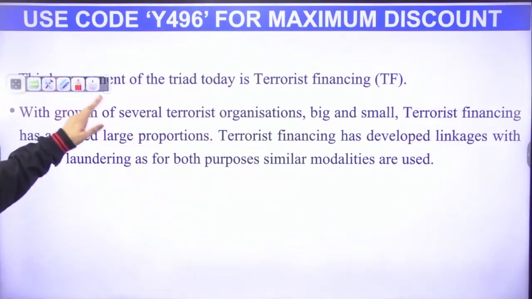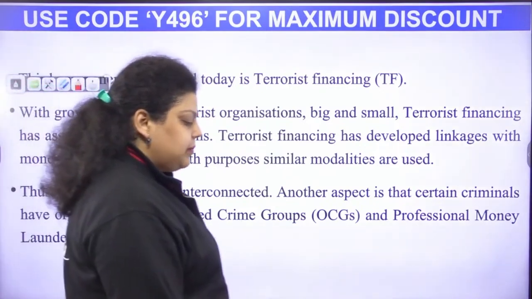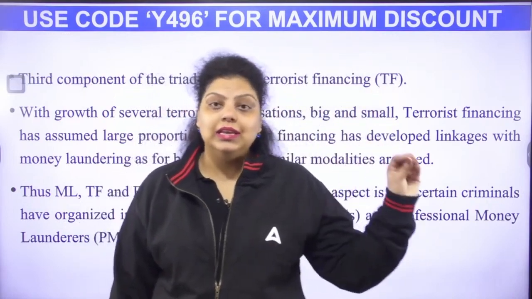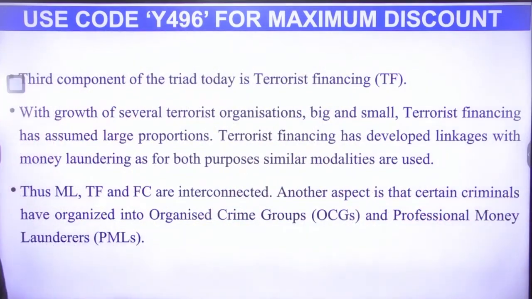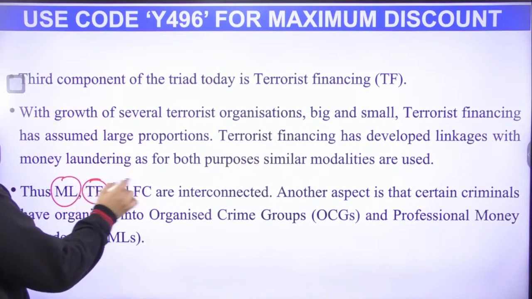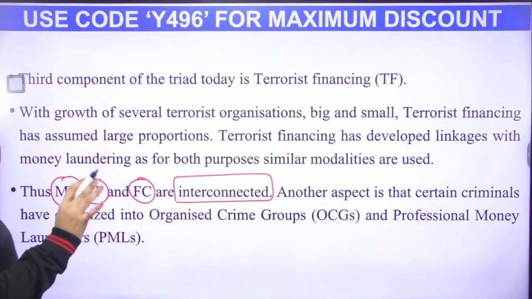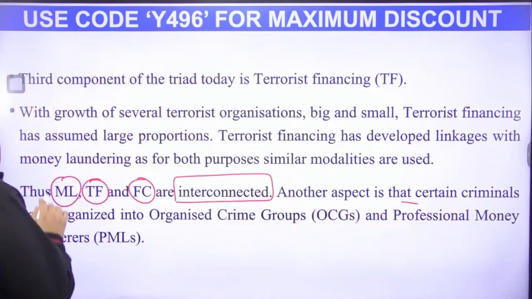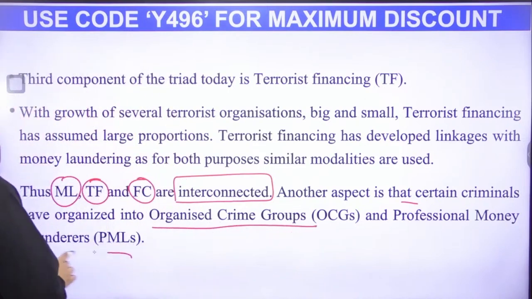Whether you are converting black money into white money or doing terrorist financing, both use the same financial institutions to make that money look legal in the market so that they will not be caught. Money laundering, terrorist financing and financial crimes are interconnected. Another aspect is that certain criminal groups have organized into organized crime groups and professional money launderers.